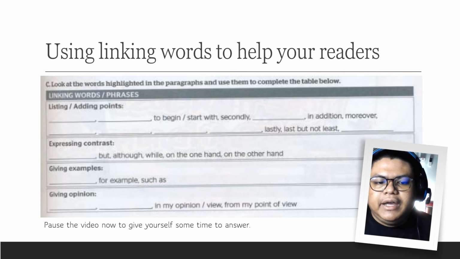And if you are at the last point, you also have words or phrases that you use, for example, last but not least. If you are at the first point, to begin or to start with, for example. Second point you use secondly.